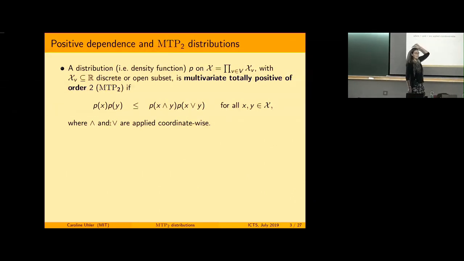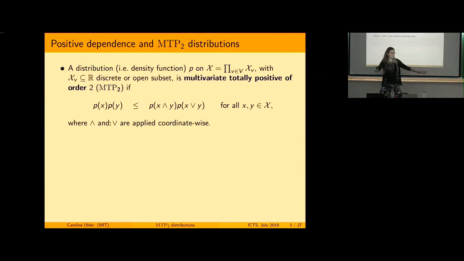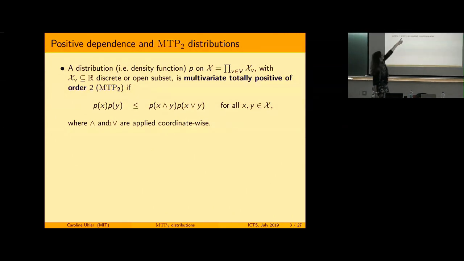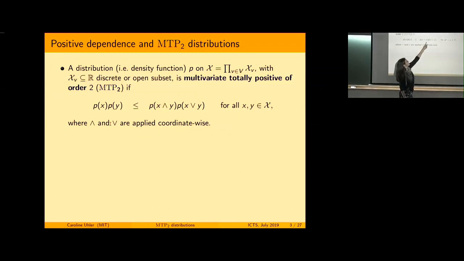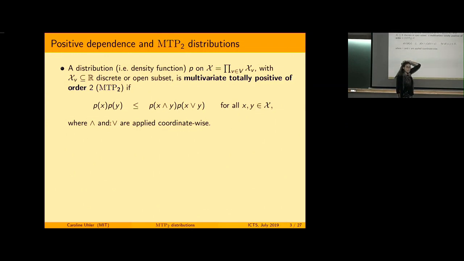For any two points in the sample space, the density function at x times the density function at y is smaller or equal to the density function at x min y times the density function at x max y. Something super strange. Why would anyone ever want to study something like this?